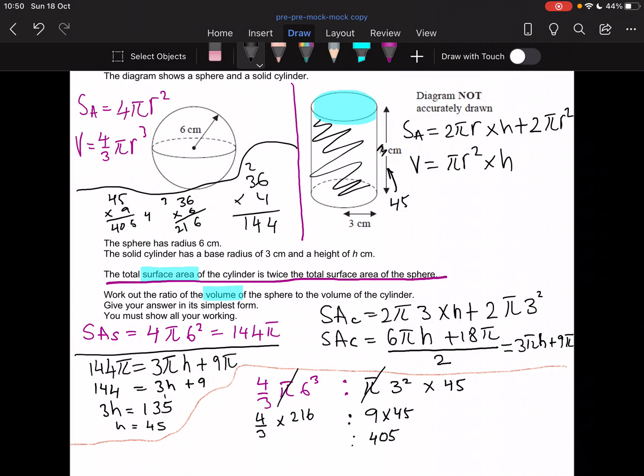Now, I know that 3 goes into 216. And I'm going to do that. So how many 3's in 21? And that is 7. How many 3's in 6? That's 2 of them. So now all I'm left with is 4 times 72. 4 times 72 times 4 rather.